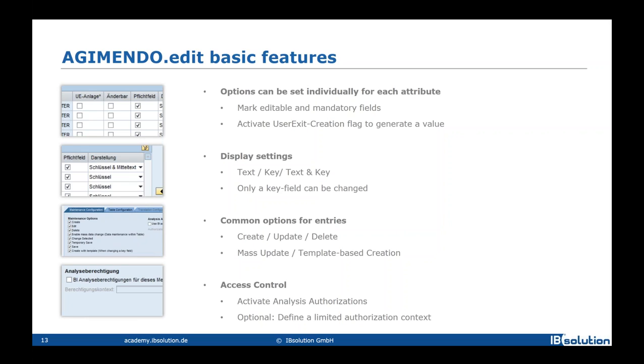Yes, as I said, the view shows the master data table, which is the M table, but you also have the possibility, if your attribute has text, to show either the ID, or the key, or both at the same time. You can choose if you want to show short text, middle text, long text, if they are available.